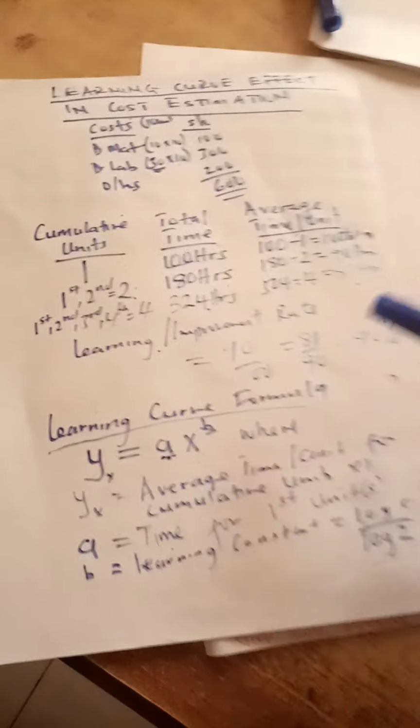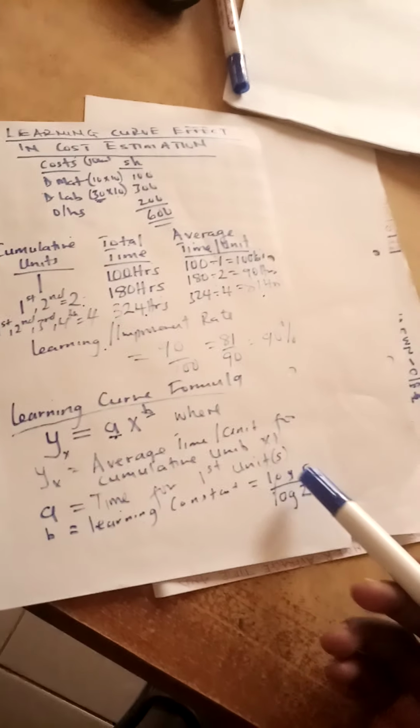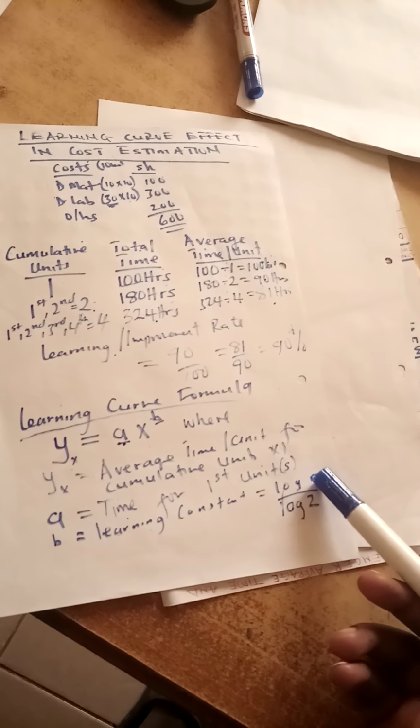So you should be knowing the rate at which the employees are improving. That one will be provided. Like now, if you're told employees are improving at a 90% rate, that will be what you will put there as log of 0.9 divided by log of 2.